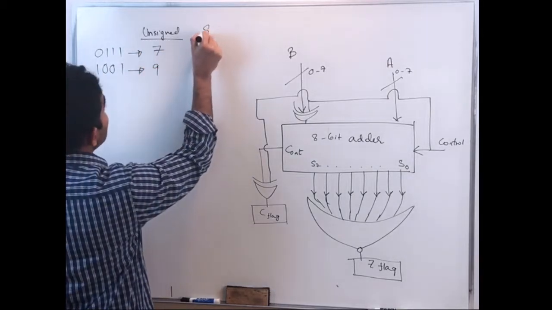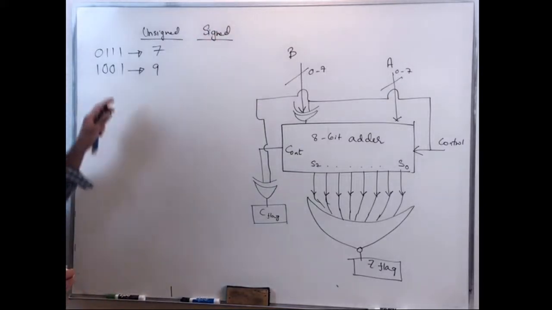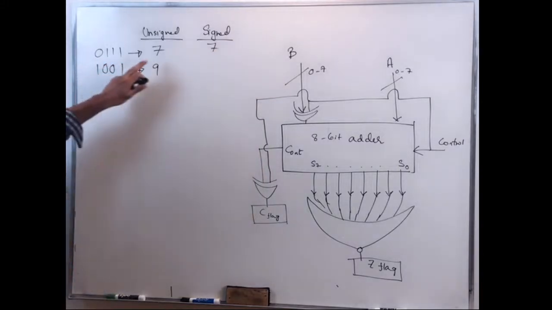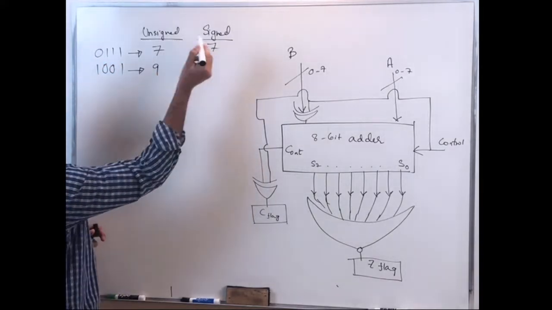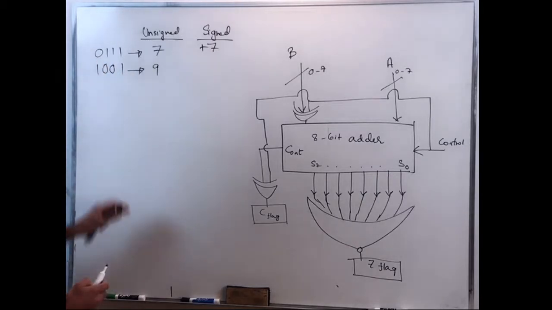If I consider the same numbers as signed, then this would still be 7, a positive number, plus 7. My most significant bit is a 0.